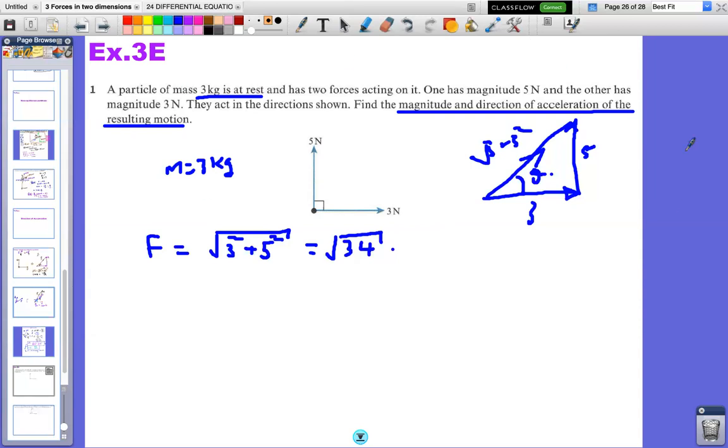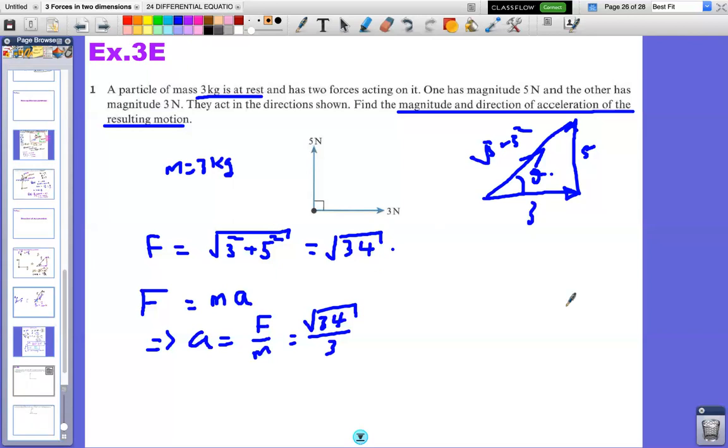And then we know that force is equal to mass times the magnitude of the acceleration. This means acceleration must be equal to that force over mass. So it's the square root of 34 divided by 3. So this is the magnitude of the acceleration, but what about the direction? You've been asked to find the direction.